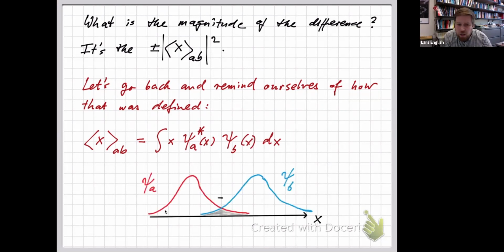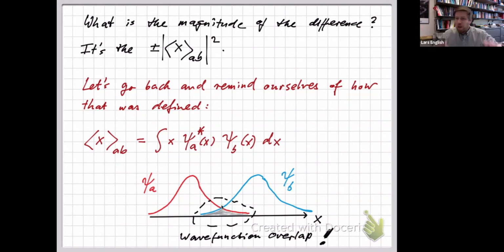Okay, so think about it. Here's your state psi sub A in red, and there's a state psi sub B in blue. If they overlap a little bit, then we have a non-zero integral here. But if they don't overlap, if I separated the blue and the red from one another spatially, so that this gray area would go to zero, then clearly this integral would go to zero as well, and we would not get a difference between bosons and fermions and independent particles.